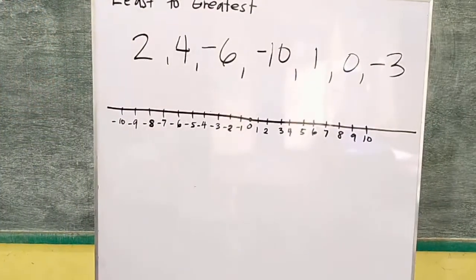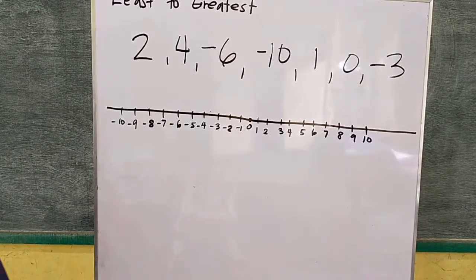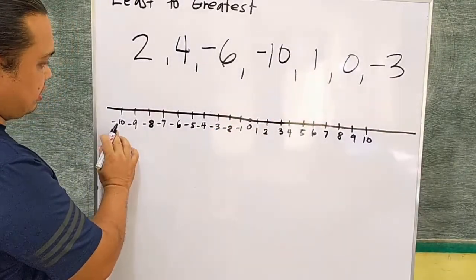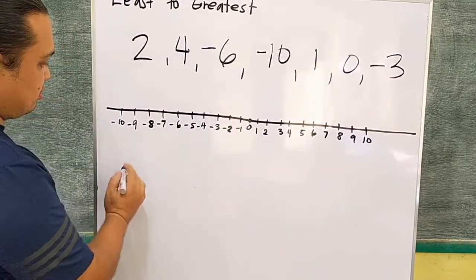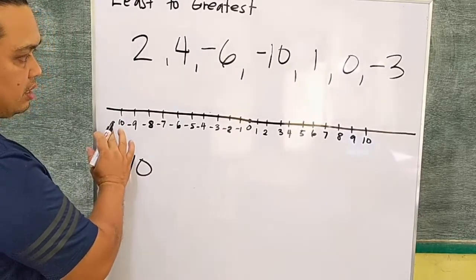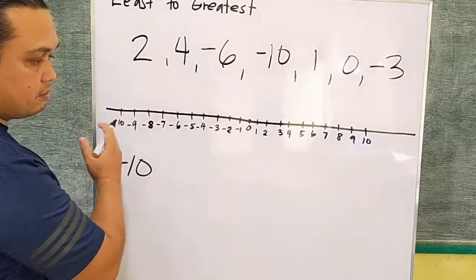Okay, so if we are going to find the least number here, that is negative 10. That's the least, right? Because negative 10 is the farthest number to the left of 0.